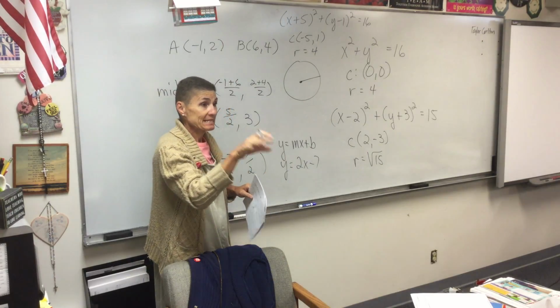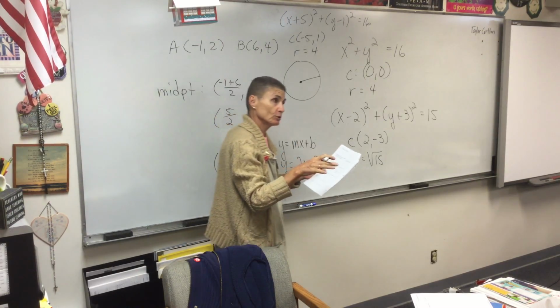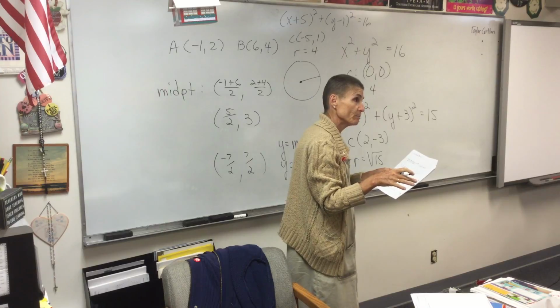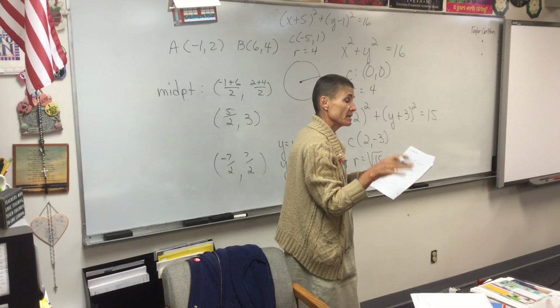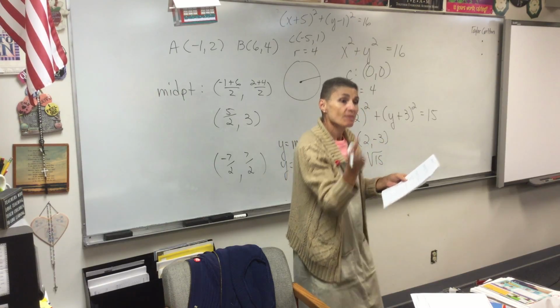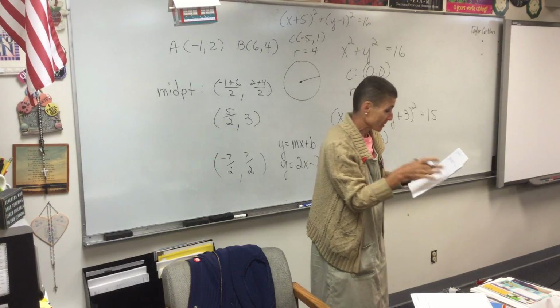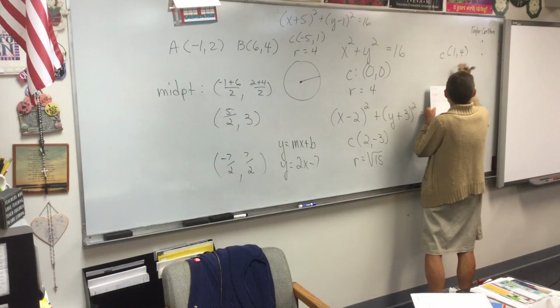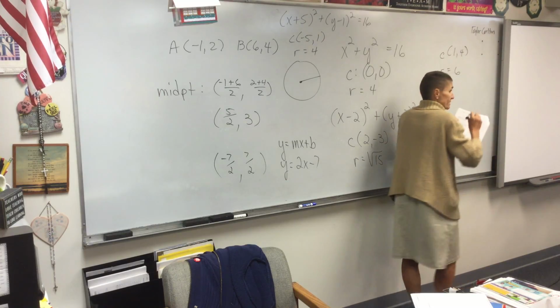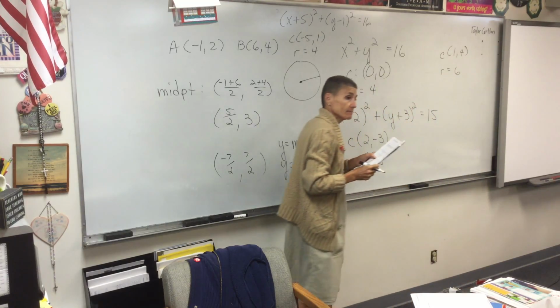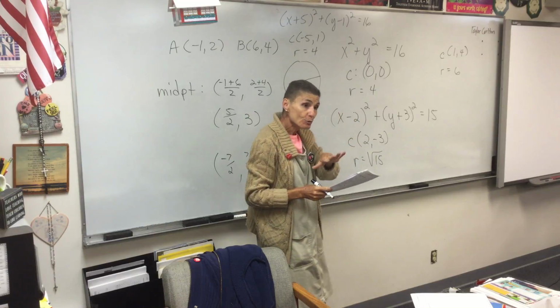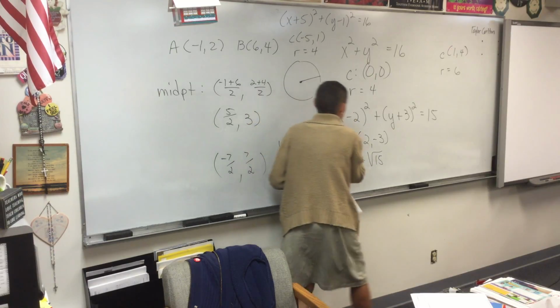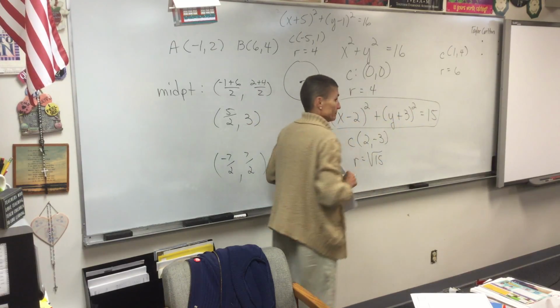Now, if that makes sense to you, you should be able to do problem 5 without too much issue. Because problem 5 is the backwards of that. I'm telling you the center is at 1, 4, and the radius is 6. You need to write an equation that looks like this one.